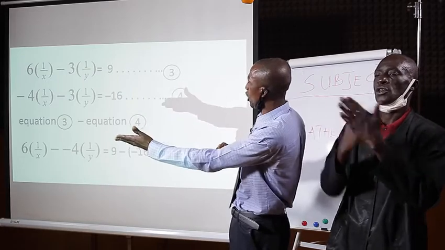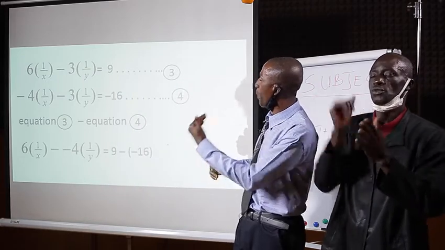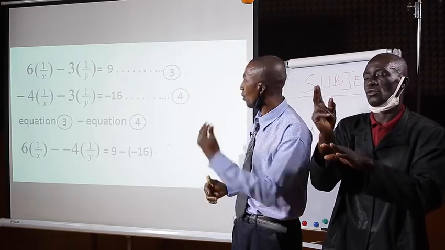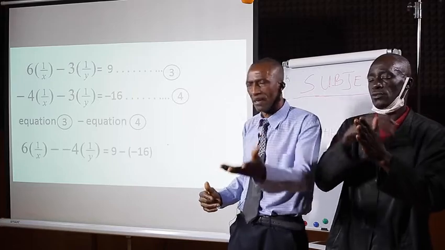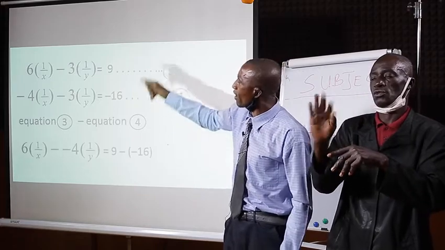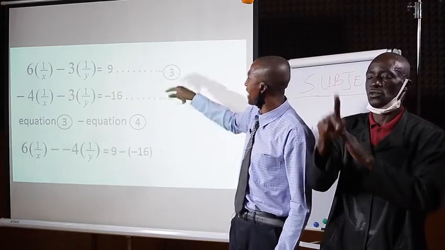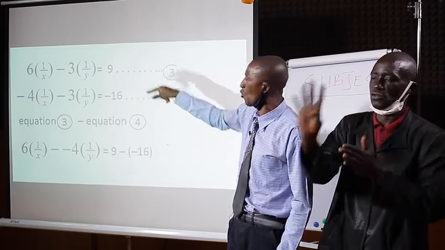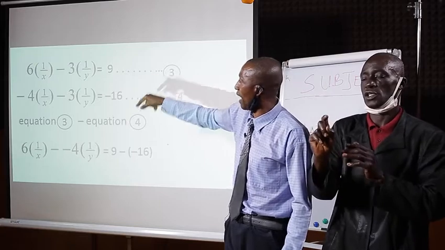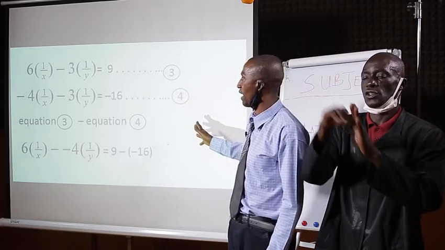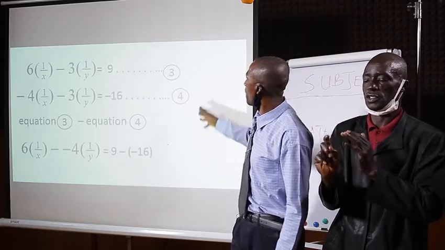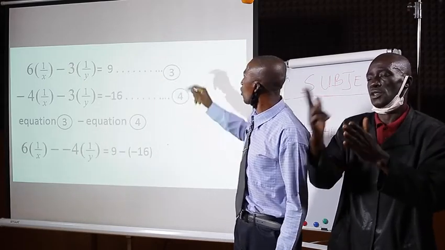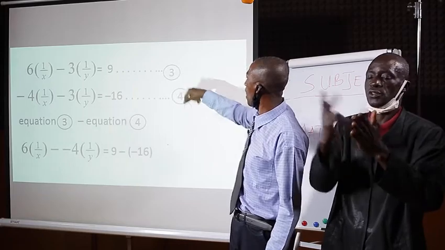Then let's pick equation 2. I said to balance y, we multiply equation 2 by minus 1. So 4 into 1 over x times minus 1 will give you minus 4 into 1 over x. Also, minus 1 multiplied by minus 3 will give you minus 3 into 1 over y.